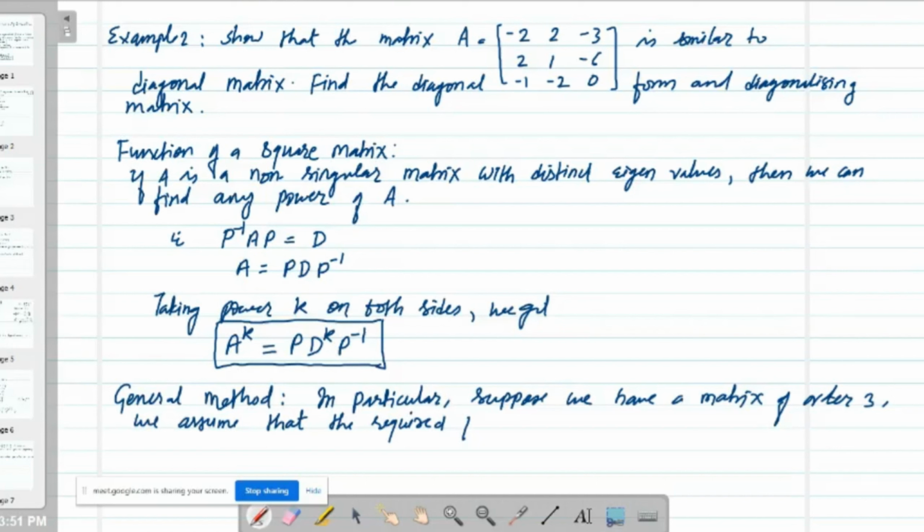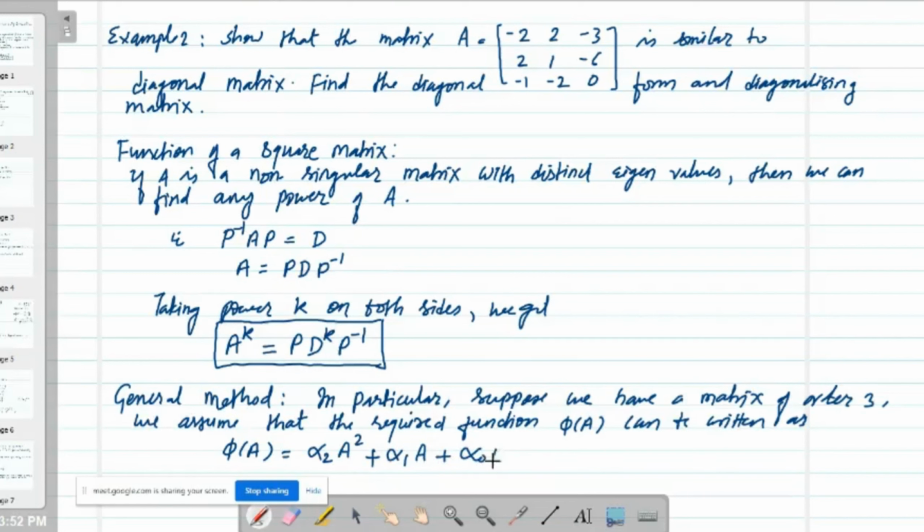We assume that the required function phi of A can be written as like this. कैसा? phi of A equal to alpha 2 A to the power 2 means A square plus alpha 1 A and plus alpha naught identity matrix. Okay, where I is the identity matrix of the order 3.